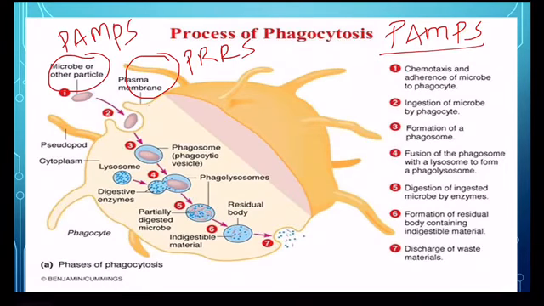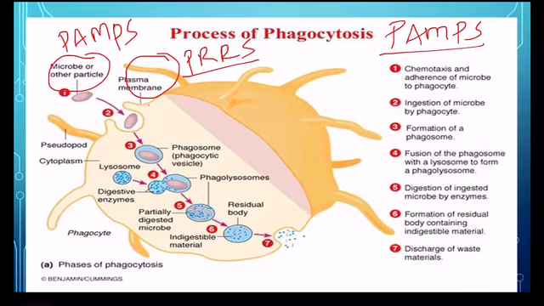So microbes contain PAMPs, to which the PRRs bind. PRRs means pattern recognition receptors, which are present on the phagocytes. This is one mechanism of binding the phagocytes to the microbes.